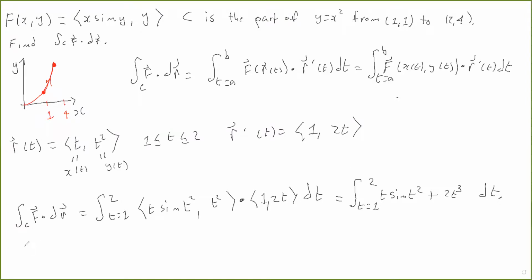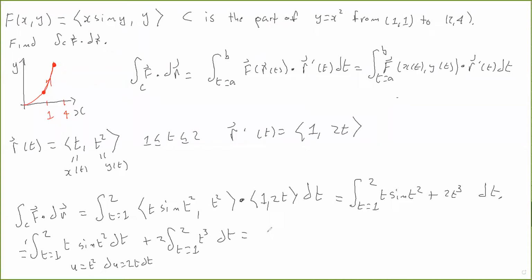I'll split this into two integrals. This is going to be the integral from t equals 1 to 2 of t sine t squared dt, plus 2 times the integral from t equals 1 to 2 of t cubed dt. For this first integral, we'll use u-substitution. We say u is equal to t squared, so du is equal to 2t dt.